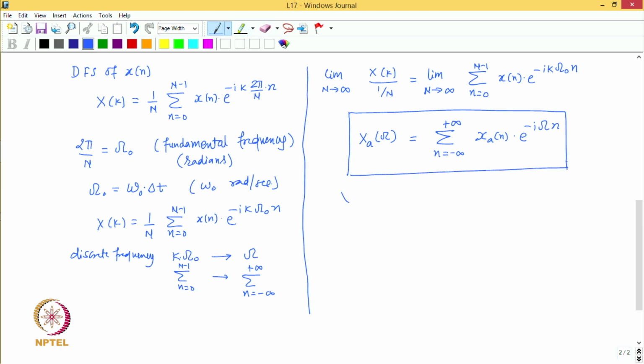So here x a omega represents the frequency domain representation of the discrete aperiodic signal.